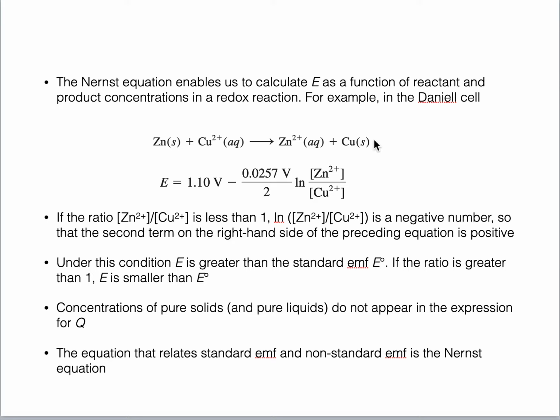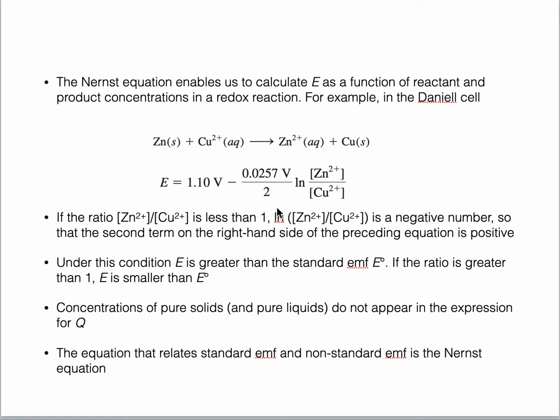Now what you have seen is that if this ratio Q, zinc 2 plus divided by copper 2 plus, is less than 1, then its natural log will be a negative number. This negative will cancel out with the minus sign and become positive, and overall E will become positive. This is one case.